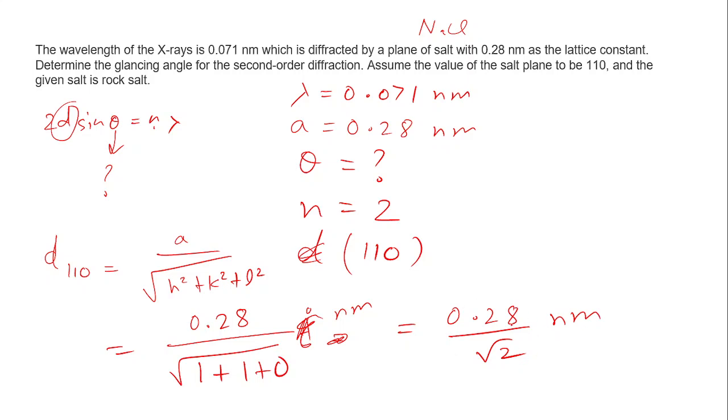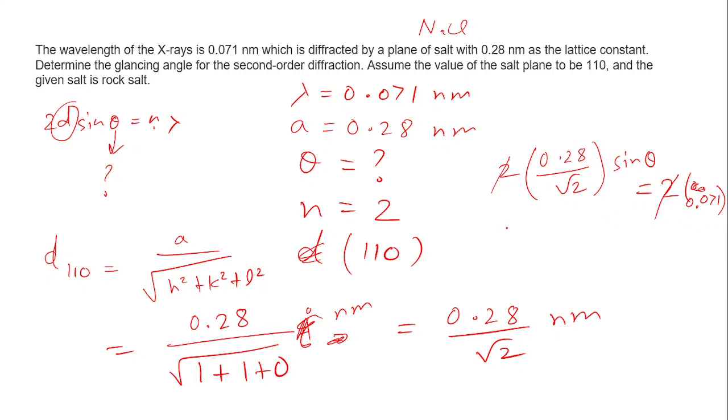When I substitute the value of this in this equation, I will get 2 times 0.28 divided by root 2 times sine theta, which I need to find out, is equal to n is 2, lambda is 0.071 nanometer. So 2 cancel.